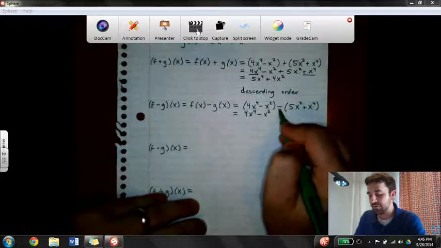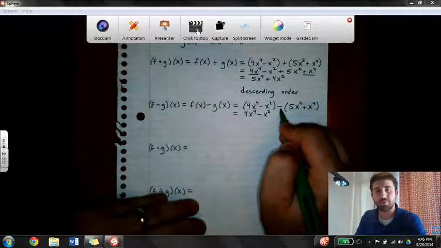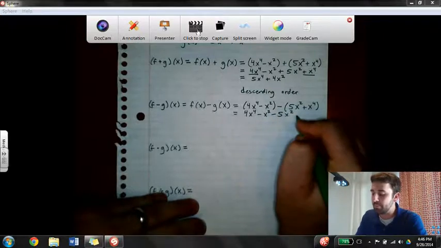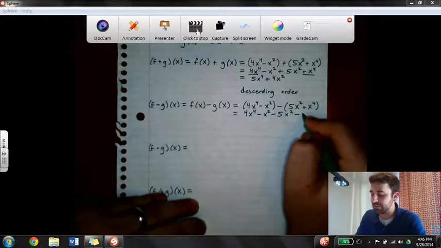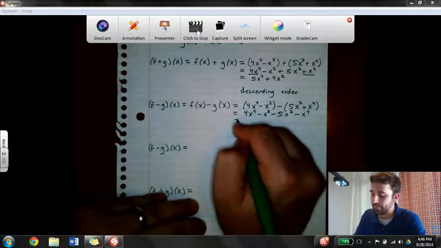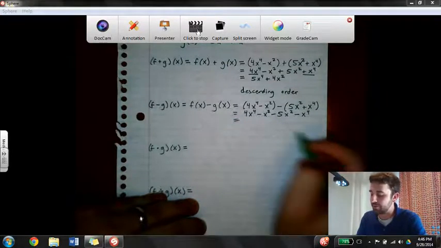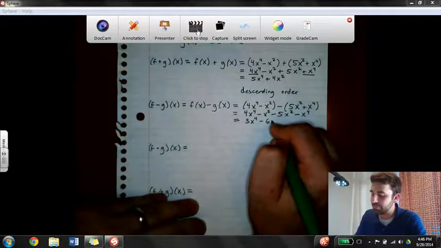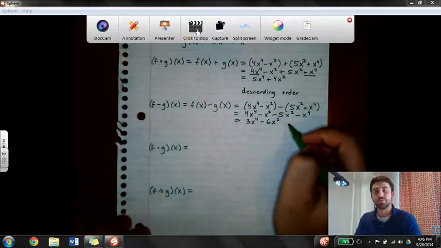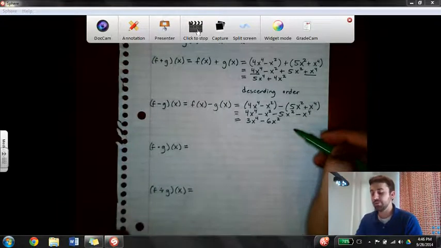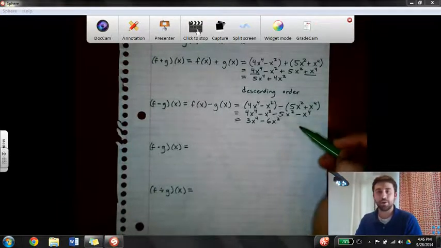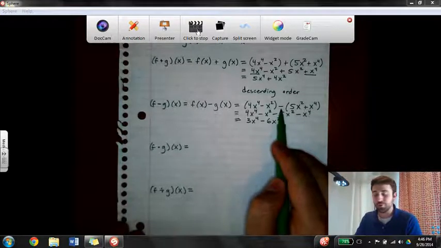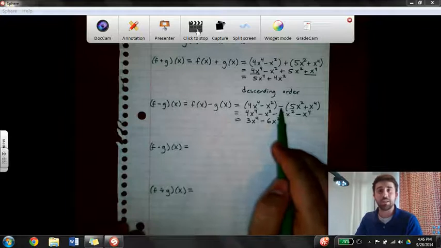Well, I have to distribute my subtraction sign to each term, making both terms in the second set of parentheses negative. And now I can combine like terms, and once again rewrite it in descending order. And notice, for adding and subtracting, I have two completely different polynomial expressions. This is very important that you distribute your subtraction sign here. This is where a lot of us will make mistakes.